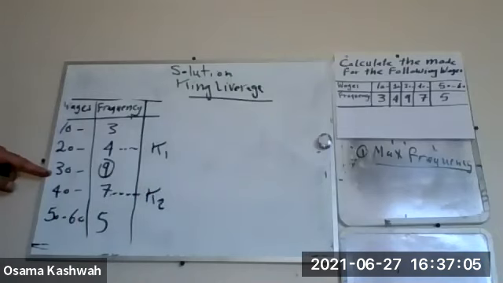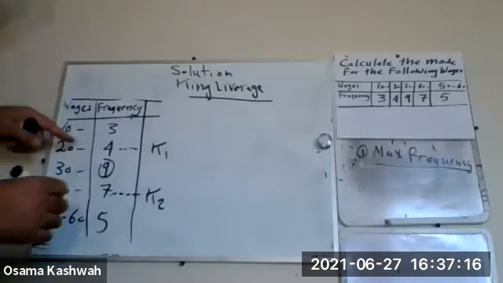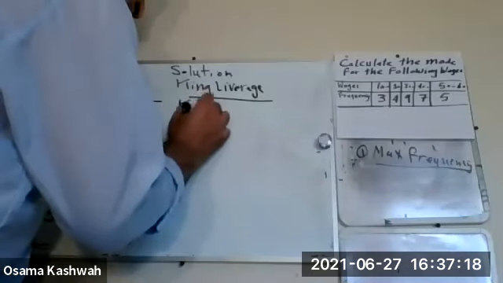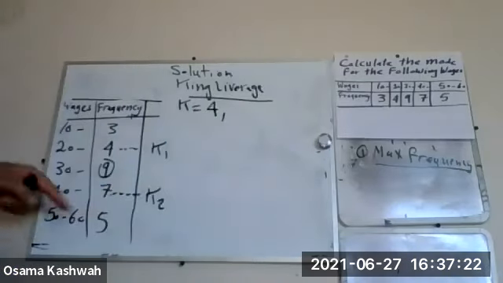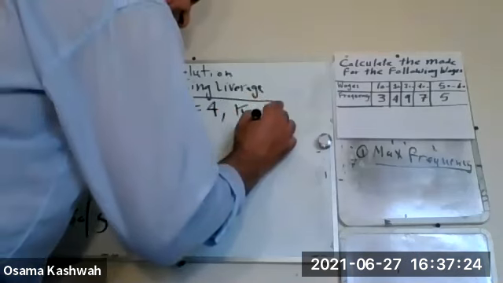And the start of the denomination of the highest frequency, we'll call it D. Then K1 will equal 4, while K2 will equal 7.